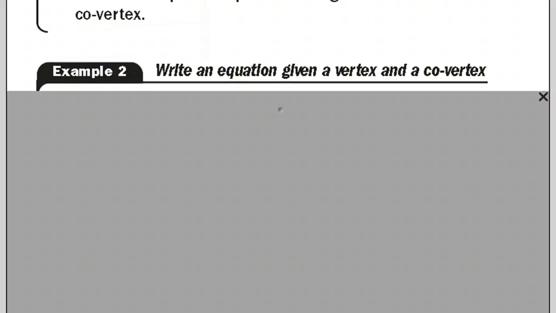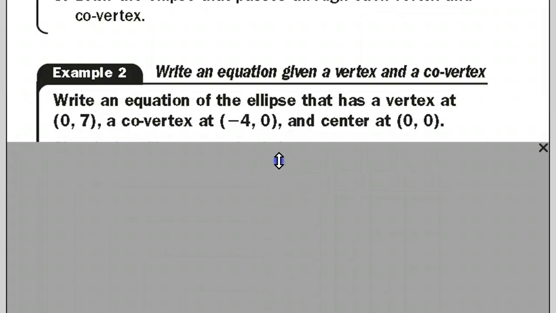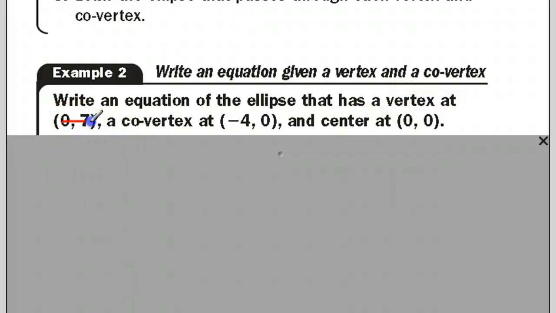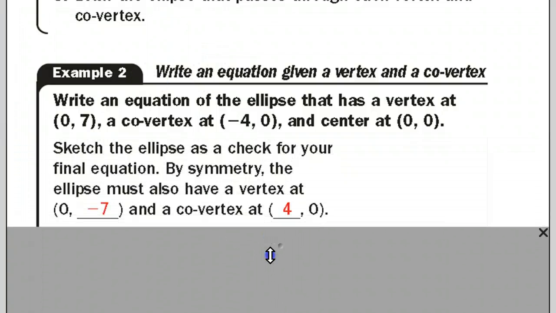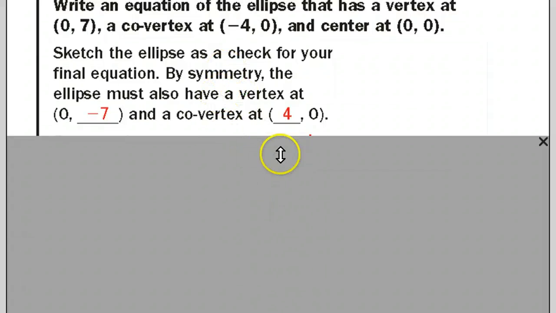And this time, instead of giving us the equation, they give us the vertex and a co-vertex and want us to write the equation. They give us that the vertex is at 0, 7, which means our a value is 7, and the co-vertex is at -4, 0, which means our b value is 4. That's exactly what we indicate here.